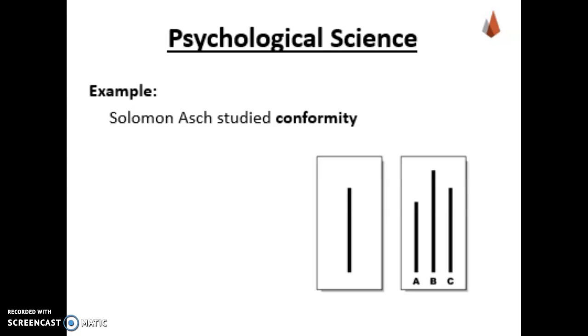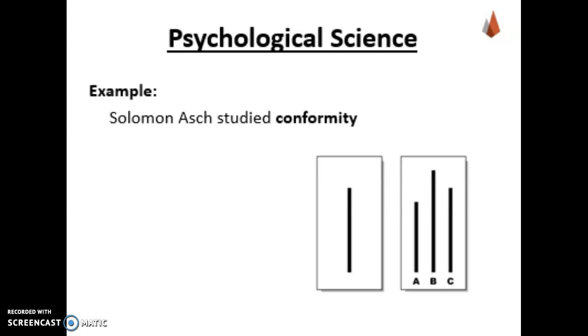Psychologists would study conformity. We will discuss this study later. But basically, Solomon Asch was a researcher who wanted to see how often people would conform to a very obviously incorrect answer. In the second box, C is the line that is the same as in the first box. He wanted to see how often people would say, no, A is the same, just because others did. Confederates, or those who were in on the study, uniformly gave incorrect answers on 12 out of the 16 trials.